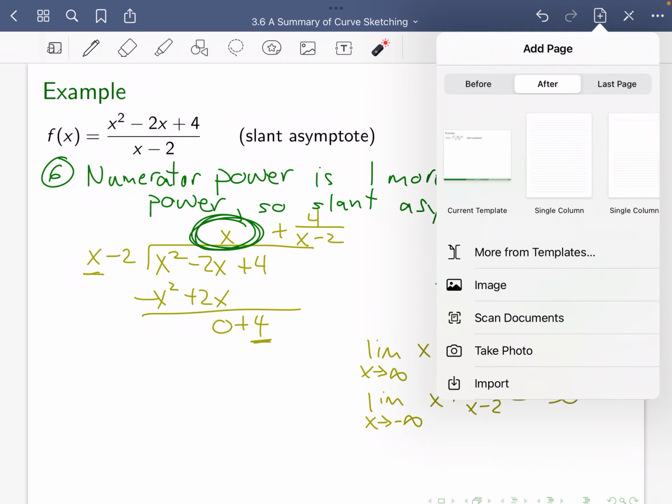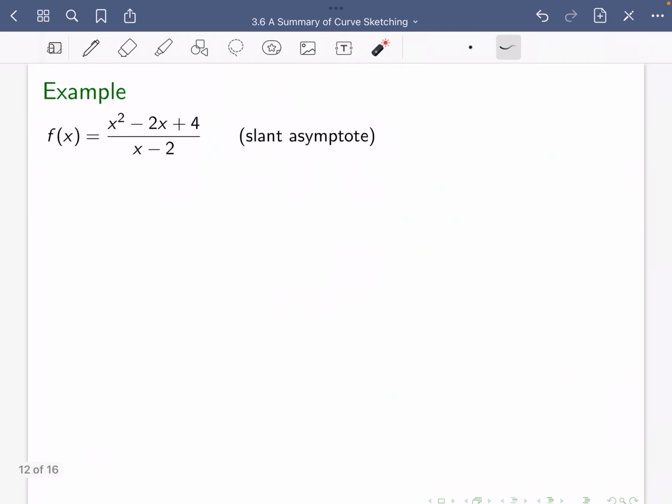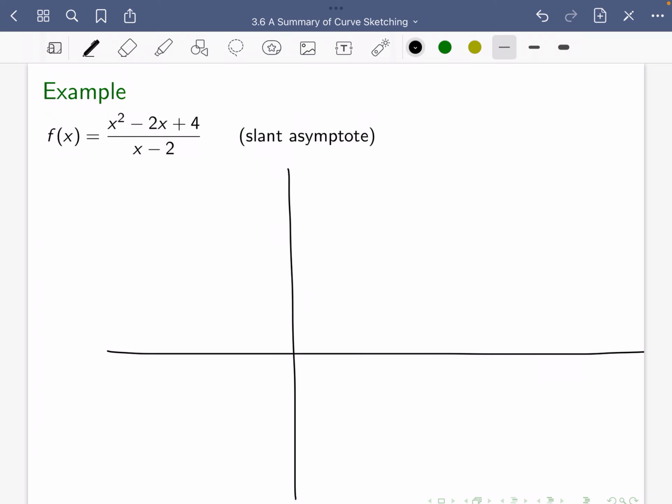All right, so let's put it all together and graph this thing. When we look at our graph, when x is equal to 2, we had a vertical asymptote. We have a slant asymptote, y equals x.